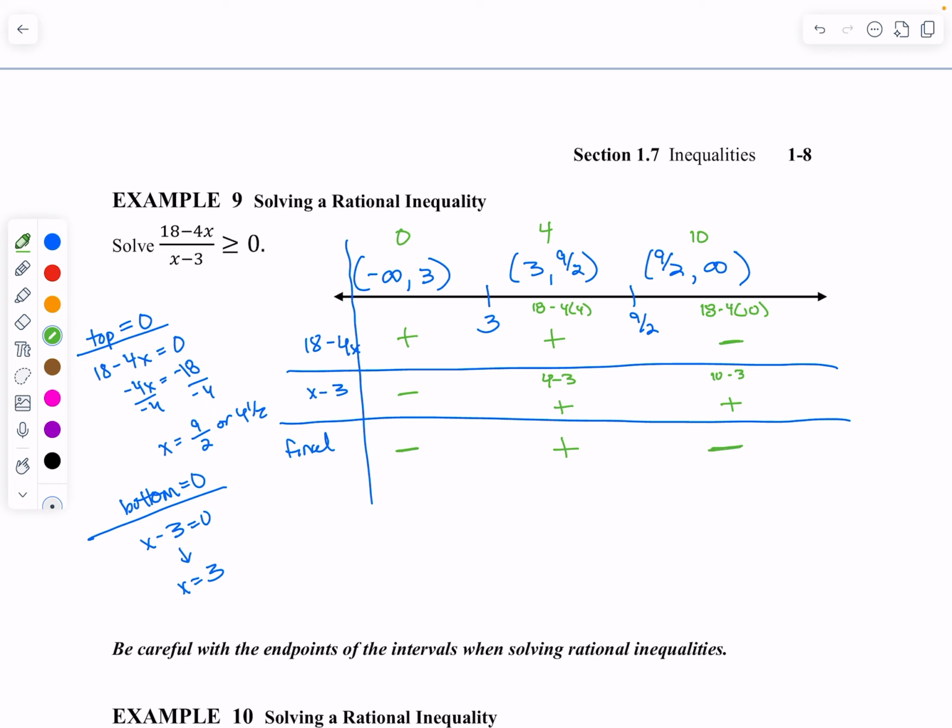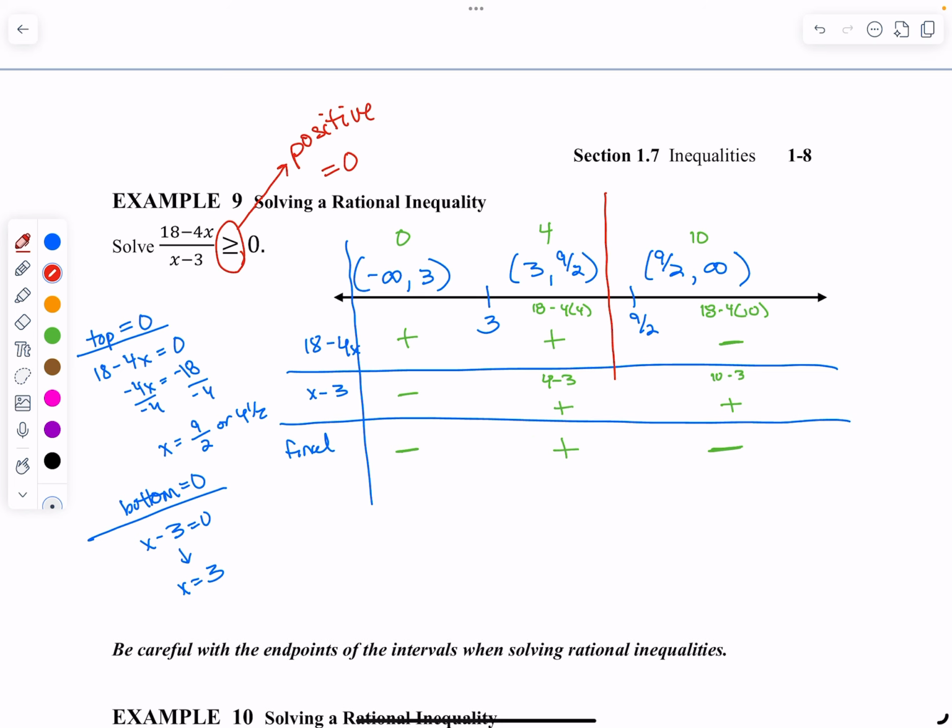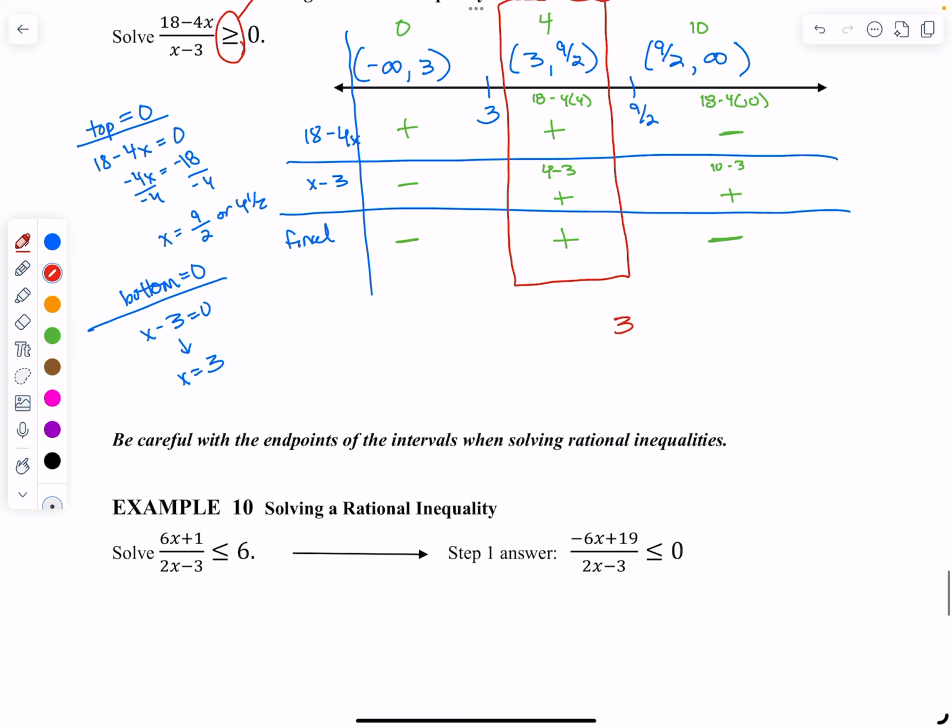Again, let's go back to my original. This is greater than or equal to 0, so we're looking for the positives, and it has an equal to, so we're looking for equal to as well. I only have one place that I have positives, right here. So my answer is going to have a 3 and a 9/2.